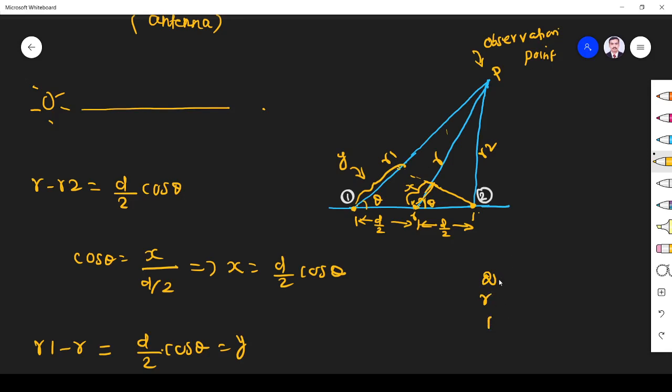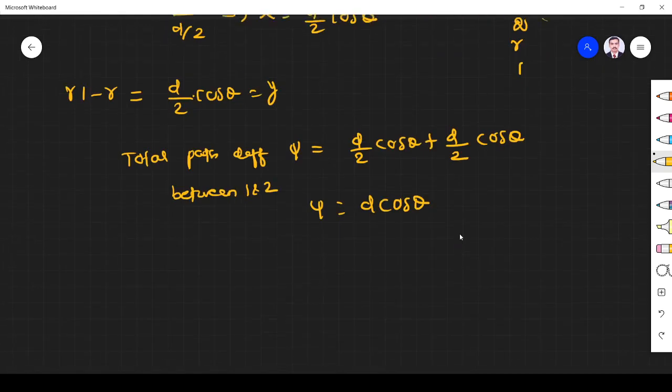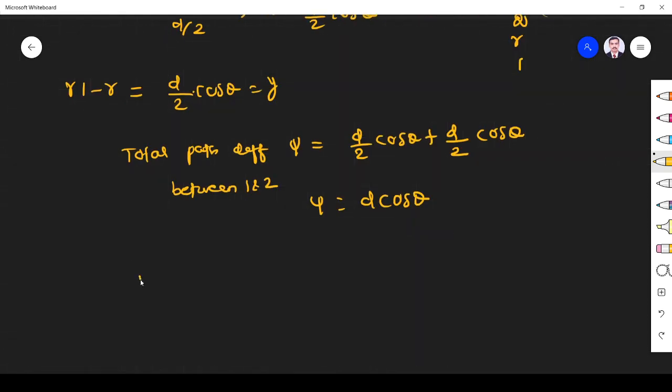Clear or not? So there is a path difference, okay, that path difference we found, d cos theta. We all know that path difference is directly proportional to phase difference.